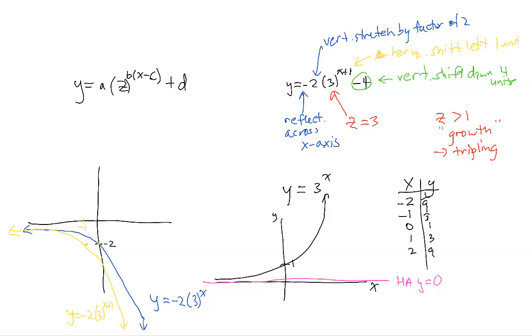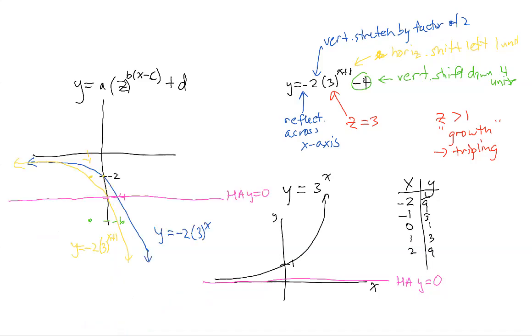Now we've got to shift it all the way down, and I've got to give myself enough room. So I think you're going to be okay. Let's just pause the video for a second as I fix this up a little bit. So I just moved the graph up a little bit so it's cleaner. I shifted that horizontal asymptote from y equals 0 down 4 units to y equals -4.